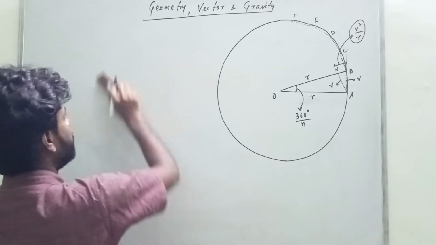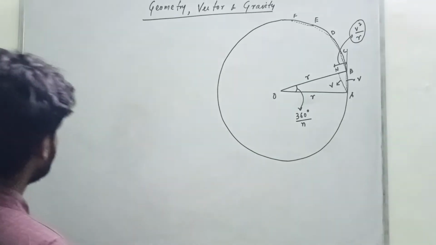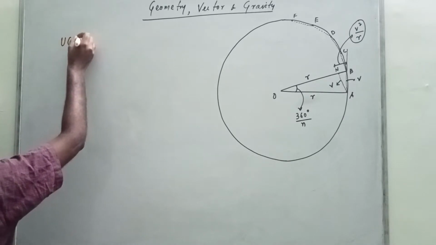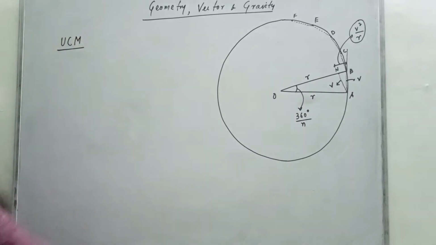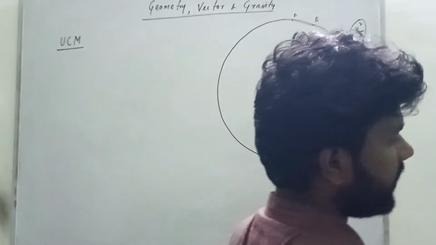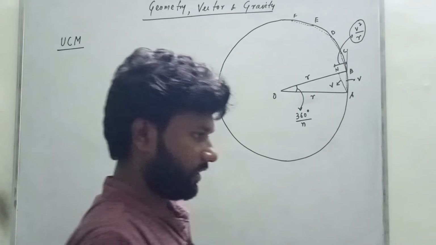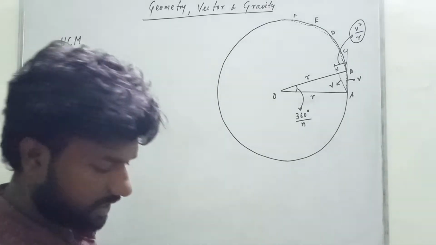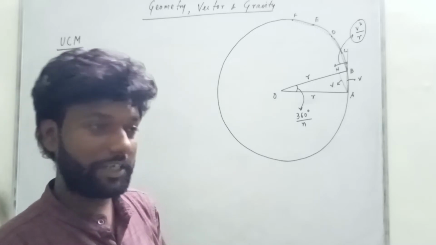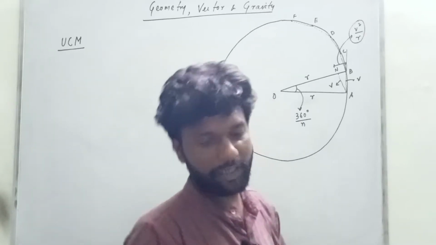So it is uniform circular motion, I mean UCM. First of all, circular motion means if an object or a particle traces a circular path, it is a circular motion.